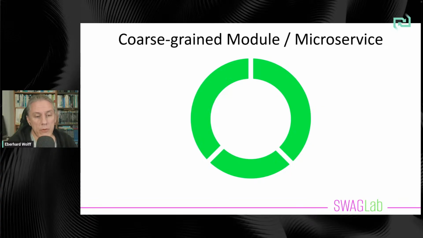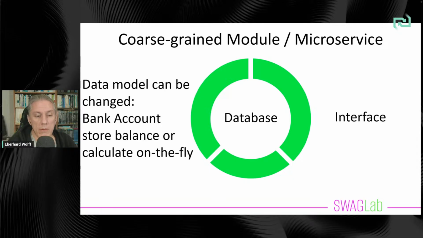This also applies to coarse-grained modules or microservices. Then the data would be in the database, there would be an interface, and you can use the same example. If there is a microservice that deals with bank accounts, you can have an interface that allows you to tell the balance of an account.